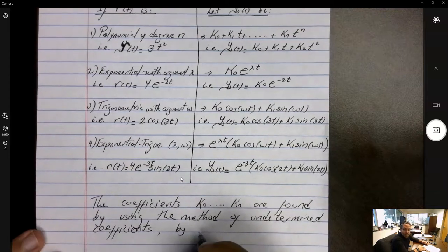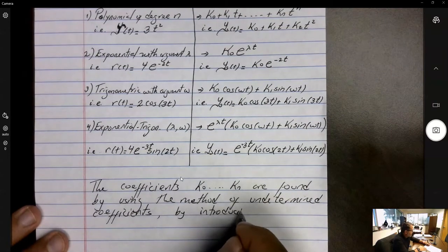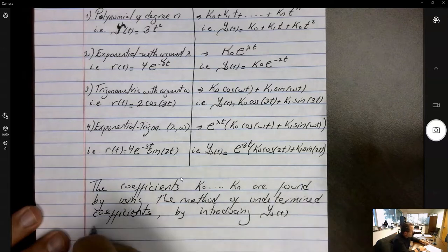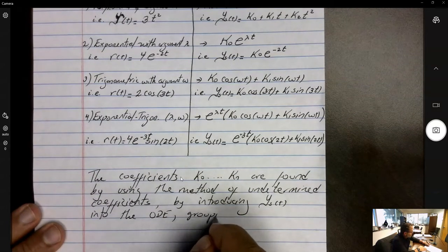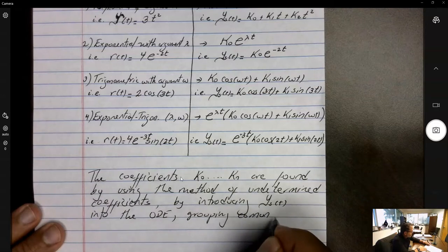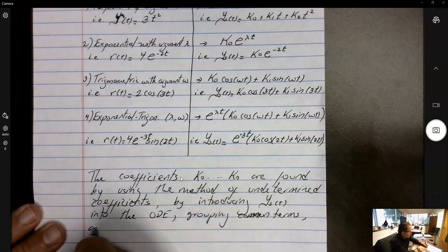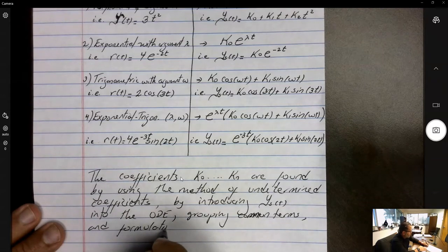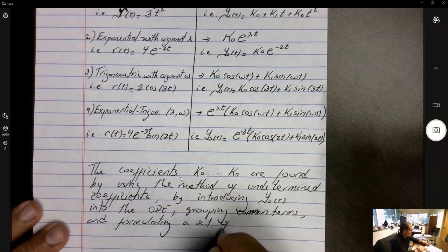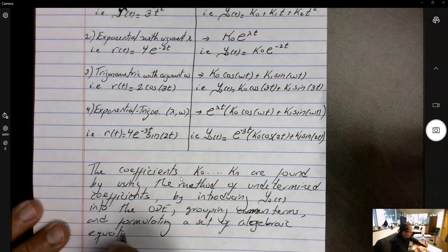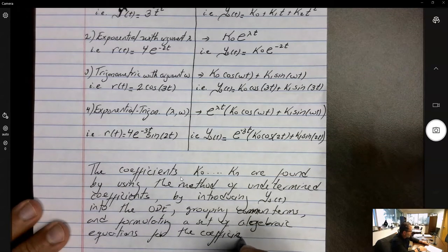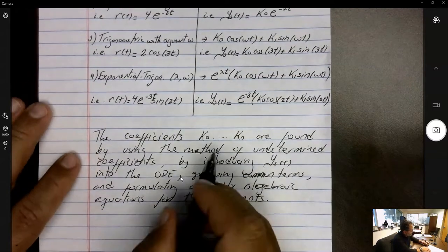Basically by introducing y_s of t into the ODE, grouping common terms, and formulating a set of algebraic equations for the coefficients, for these unknown coefficients.